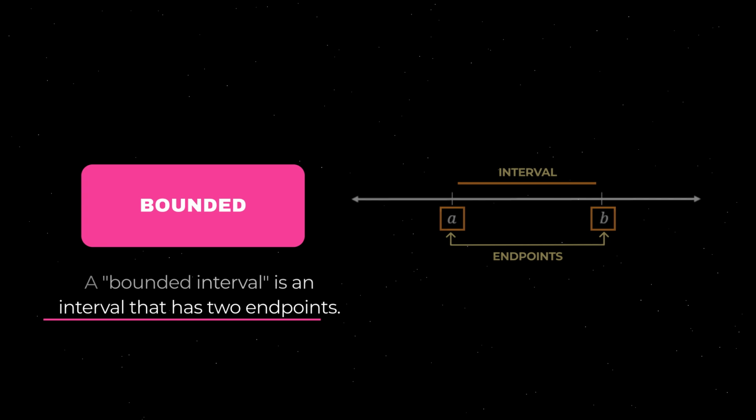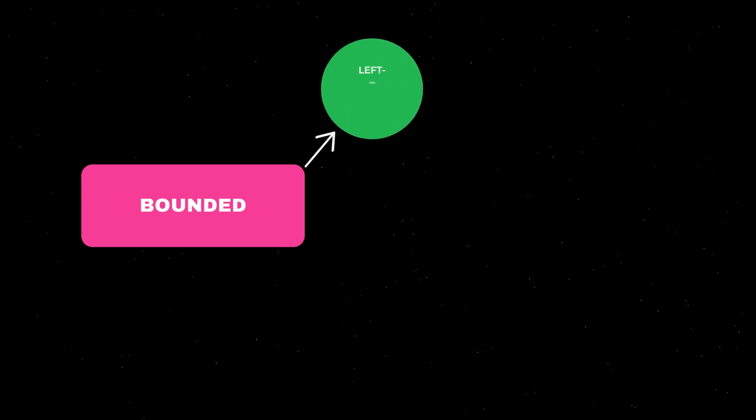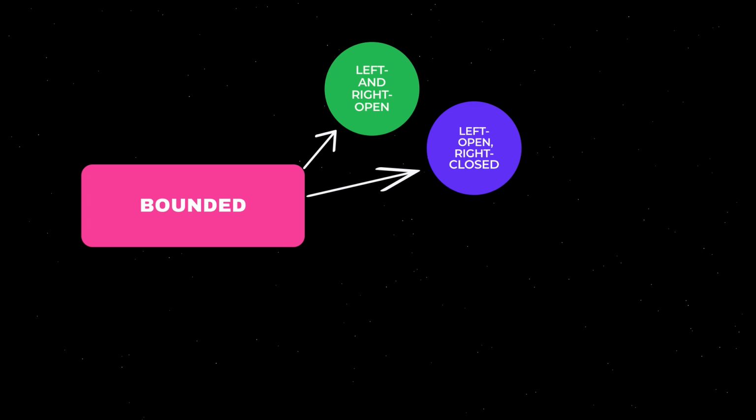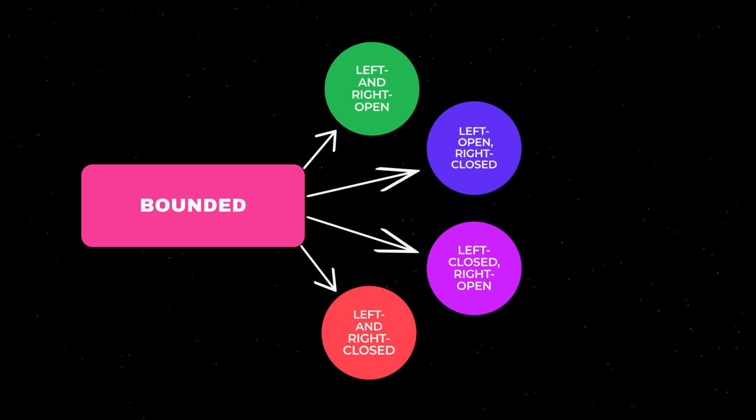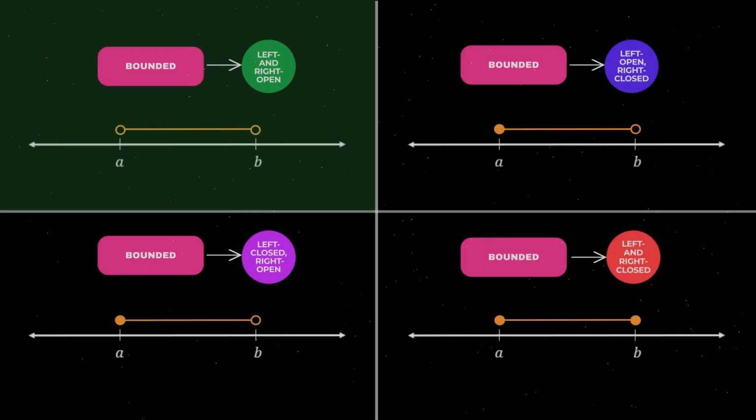A bounded interval can be either left and right open, left open, right closed, left closed, right open, or left and right closed. Let's go through each of these types, starting with a bounded interval that is left and right open.